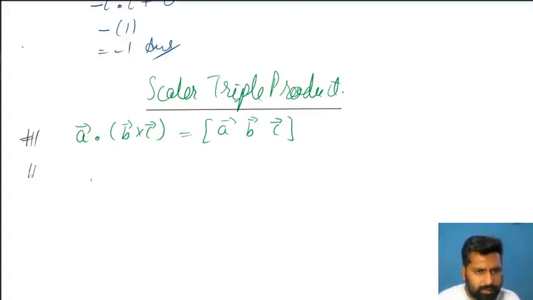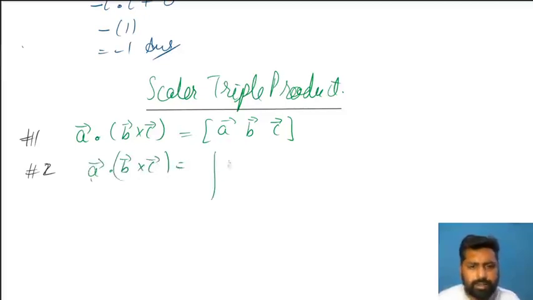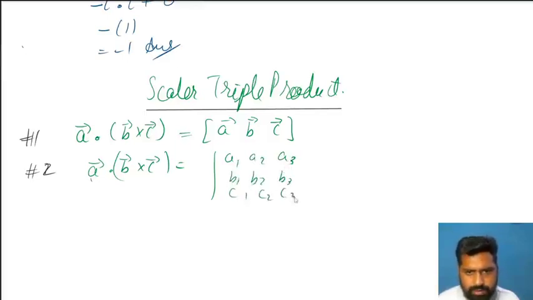Now let's look at the properties of it. Suppose you have to do A dot B cross C. You can directly do this by writing A1, A2, A3, the components of A, then B1, B2, B3, then C1, C2, C3, and taking the determinant of this.